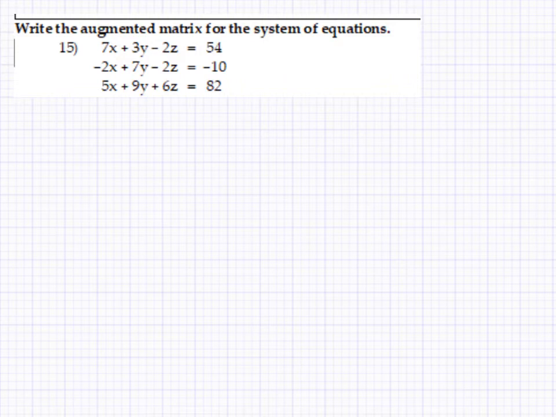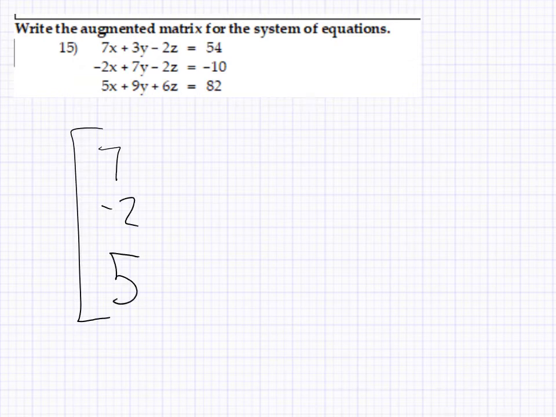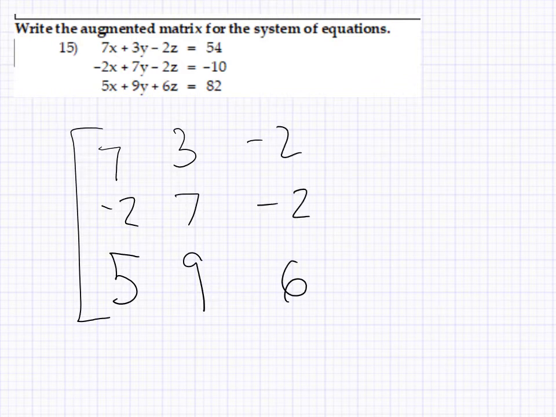So the augmented matrix is basically taking all the variables and the equal signs out of it and just focusing on the numbers. So in this case, the augmented matrix would be 7, negative 2, 5, 3, 7, 9, negative 2, negative 2, 6, and these numbers represent this column, and these numbers represent this column.